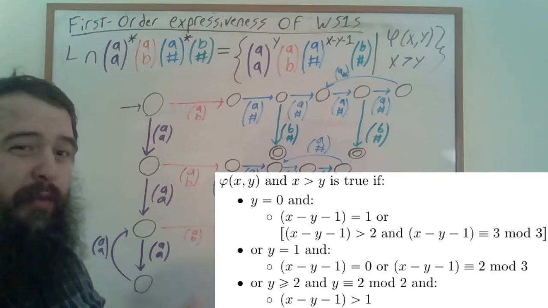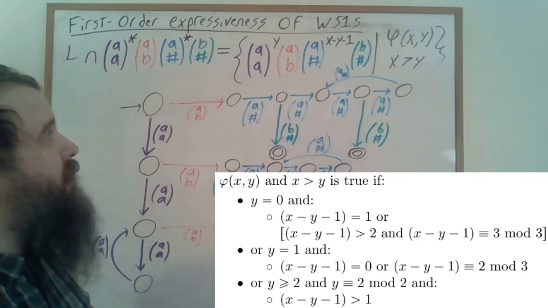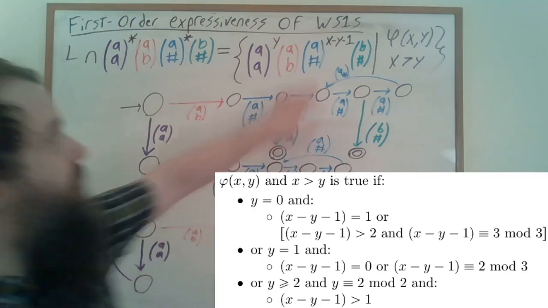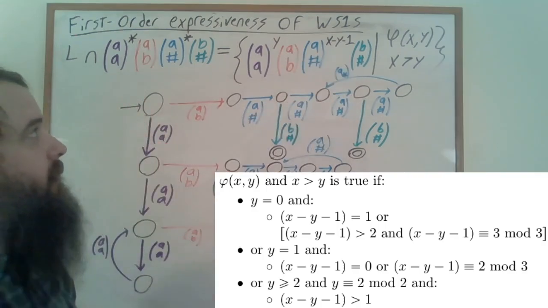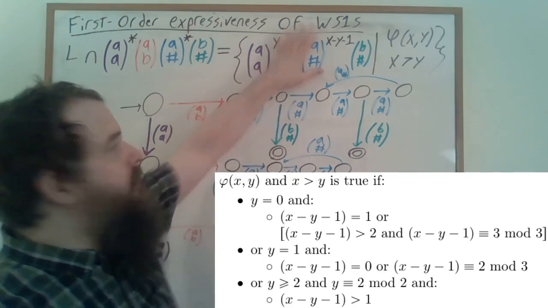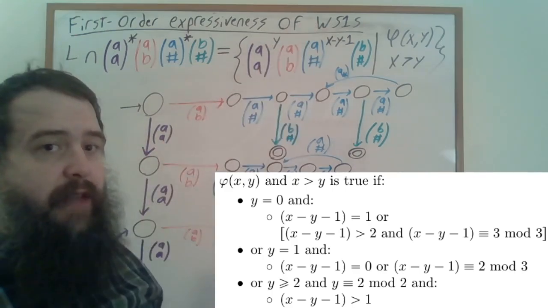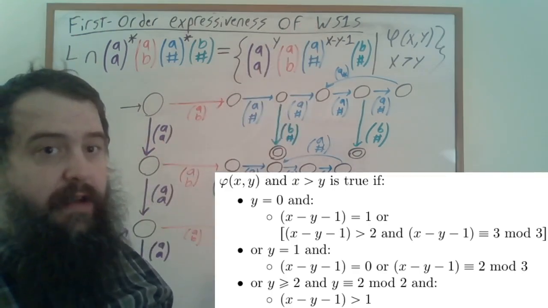It's mostly just Boolean stuff. The tricky part is showing that we can express that x minus y minus 1 falls into some eventually periodic set in weak S1S, a language that notably doesn't have subtraction or addition in it.